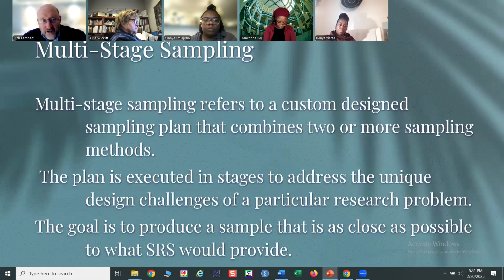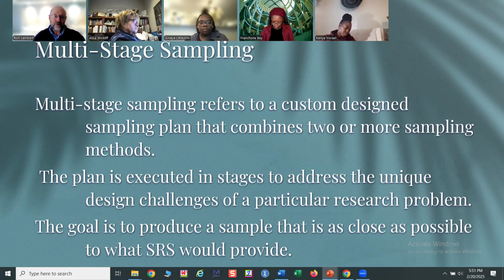So multi-stage sampling is really like a family of procedures. It's not one method. And it refers to the situation where the researcher has to custom design a sampling plan. And that custom-designed sampling plan involves two or more methods, like combining multiple methods, because it's the best you can do given the data that you have available. So it also refers to the fact that a multi-stage sampling plan is executed in stages in order to address the unique design challenges of a particular research situation.